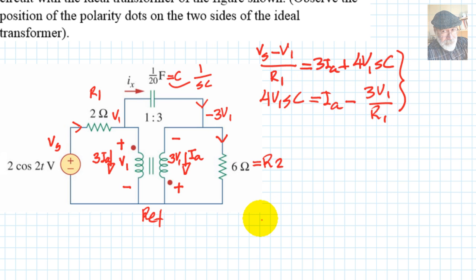In reality we need to compute only V1, because with V1 we can use this formula to compute 4 times V1 SC, which is Ix, the current that we're looking for. For this, I will use the HP50G, of course.